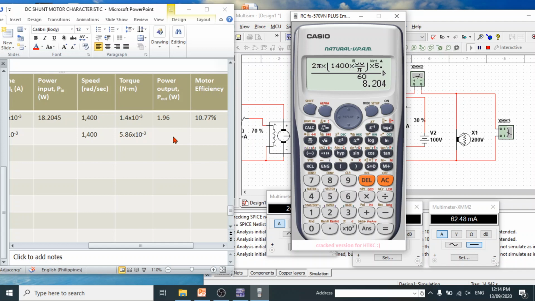You notice that the output power of the motor also increases as the generator starts to deliver electrical load.